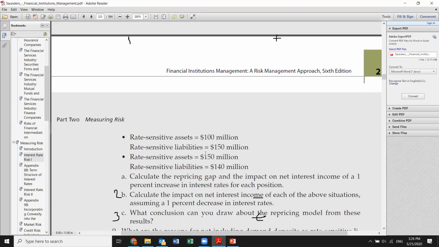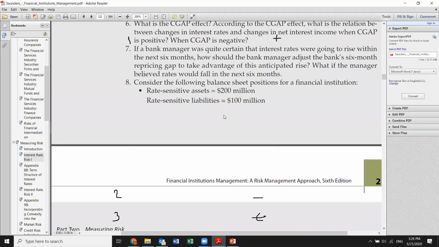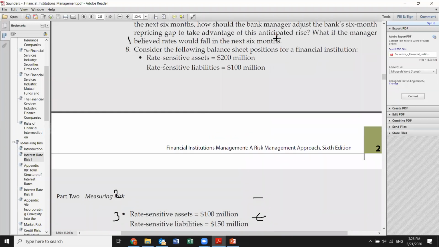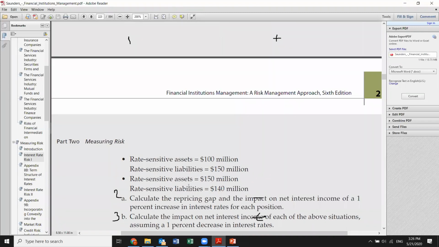The least interest rate risk exposure is in the third part, because it has the lowest repricing gap. It's 10 here, 50 here, and 100 here. So the highest exposure is in the first part, the lowest exposure in the third part. Am I clear, guys?